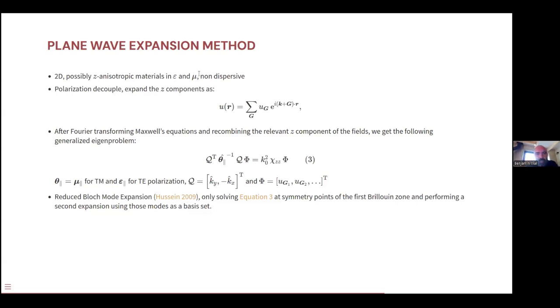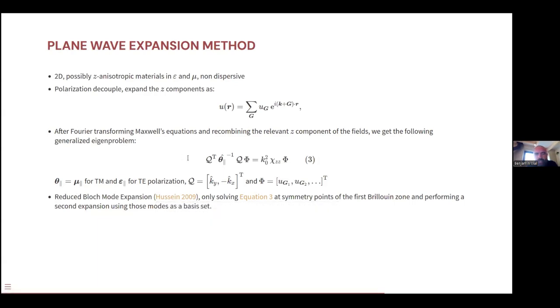That are non-dispersive, that is to say, you stick with the linear eigenproblem. In that case, the polarizations decouple, and you can expand the components by applying Bloch theorem, and you end up with this generalized eigenvalue problem. We've got two different expressions for TE or TM polarization. And one bit that I've added to the code is a reduced Bloch mode expansion.